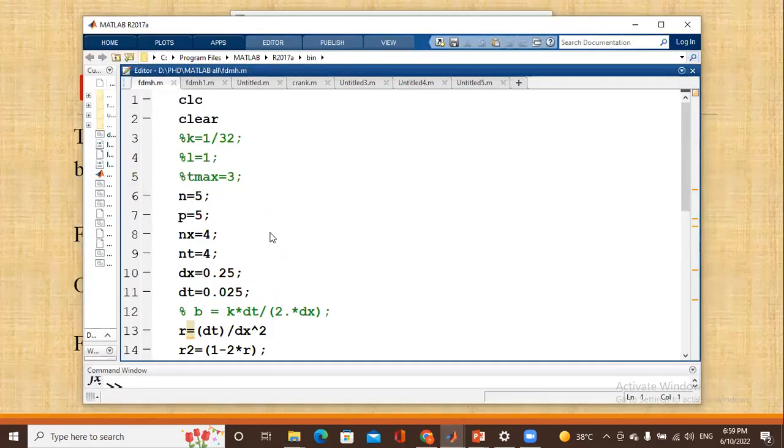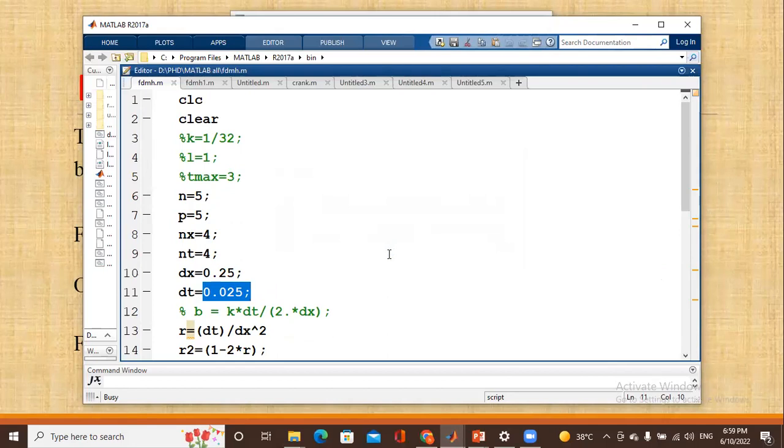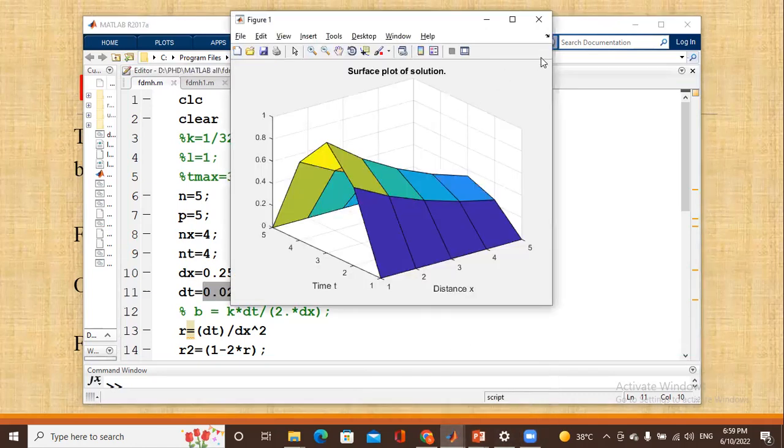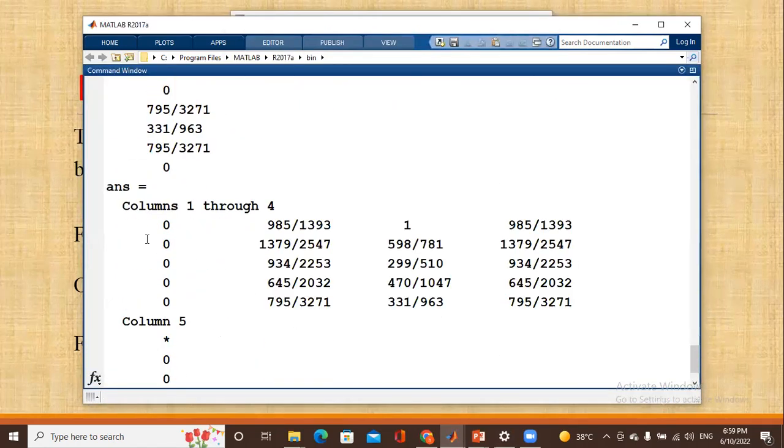So if we consider k as 0.025 and run the same program, then we get the accurate answer. So this is the accurate answer. Also we see that this is our solution.